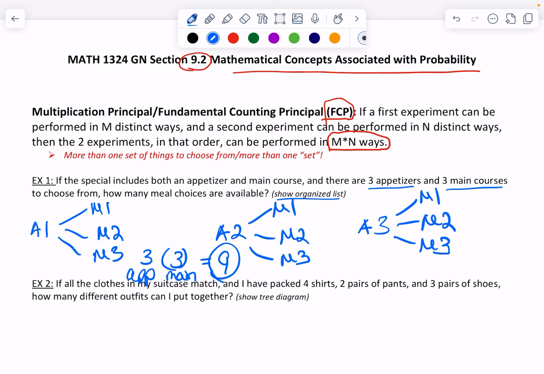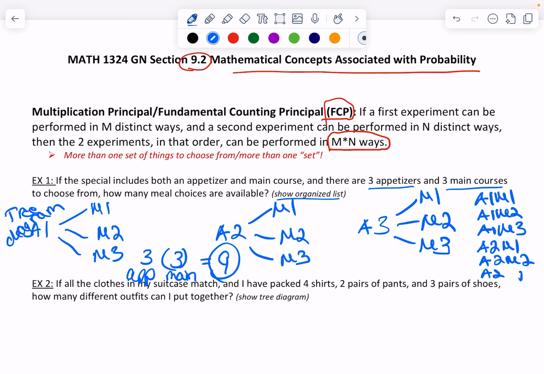We did the tree diagram for this one, not the organized list. The organized list would be A1, M1, A1, M2, A1, M3, A2, M1, A2, M2, A2, M3, A3, M1, A3, M2, and A3, M3. That would be the organized list.